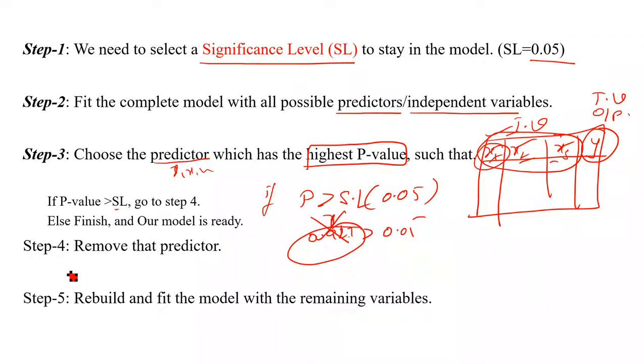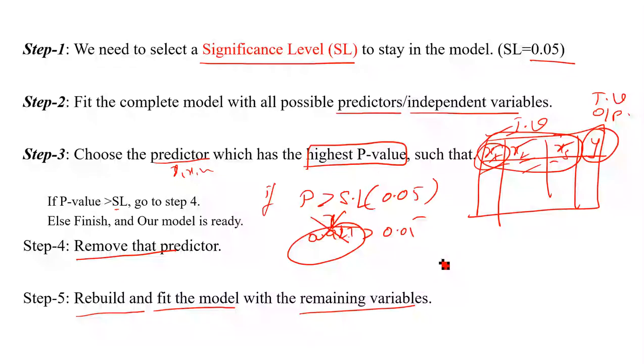So remove that feature, and rebuild and fit the model with the remaining variables. Like that we have to check every input variable to see which feature is most significant.